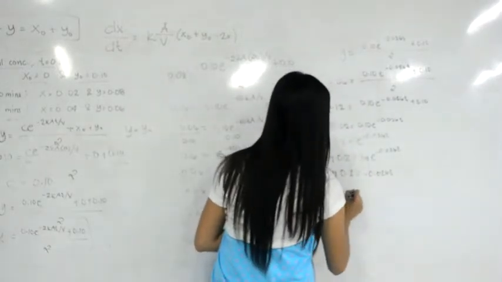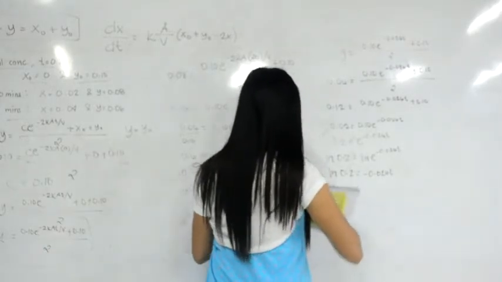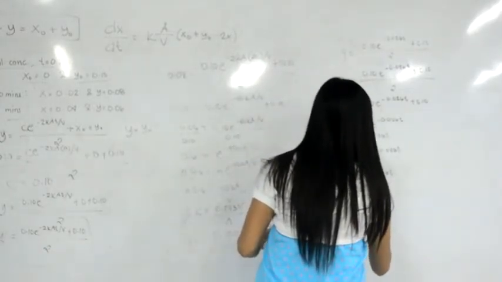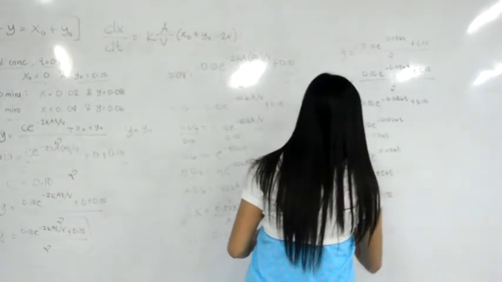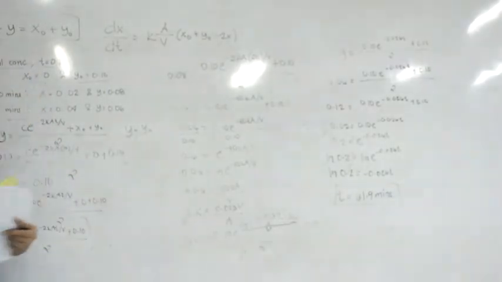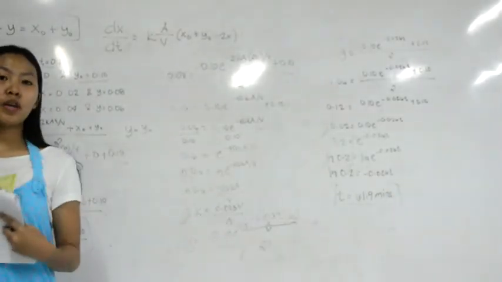And we can now conclude that t will be equal to 61.9 minutes. So in 61.9 minutes, our compartments will be 0.04 and 0.06. That will be all. Thank you.